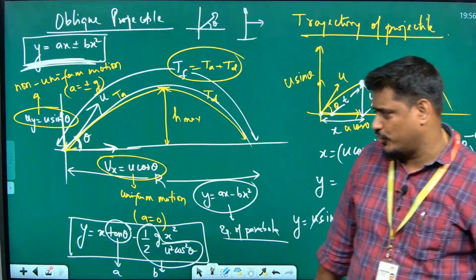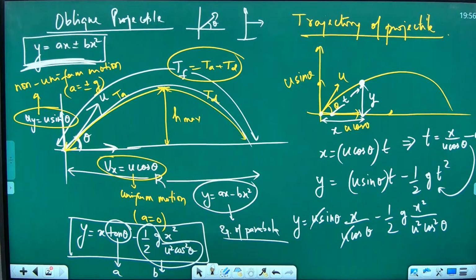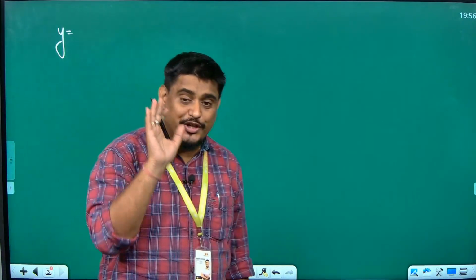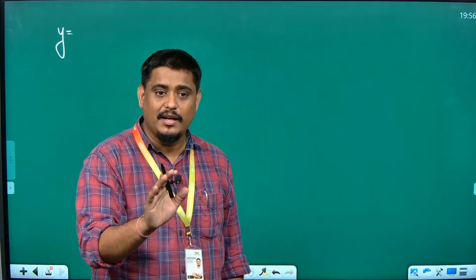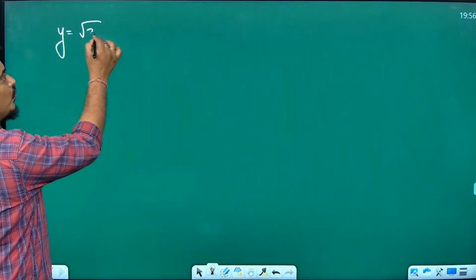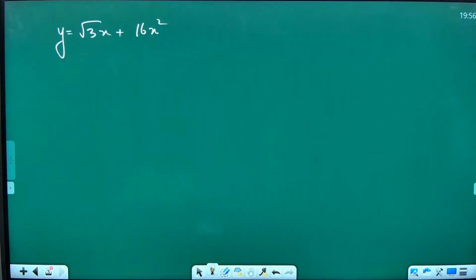For example, I will give you a random question now. Suppose there is an object moving in a parabolic path following the equation y is equal to root 3 x plus 16 x square. And they may ask you, at what angle is this object projected?